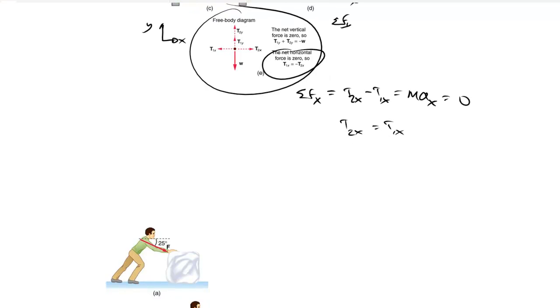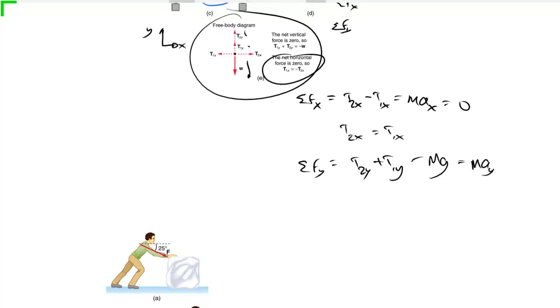Also, the sum of forces in the y direction would be equal to, we have upwards T2y plus T1y, and then downwards we have a weight, so minus mg, and again, this will be our mass times acceleration in the y direction.